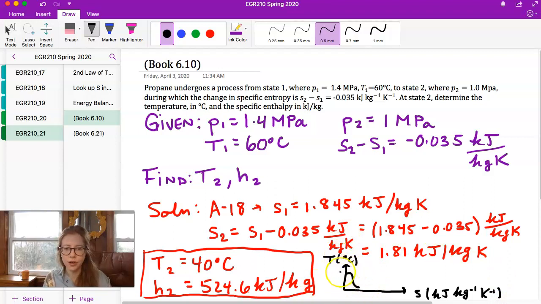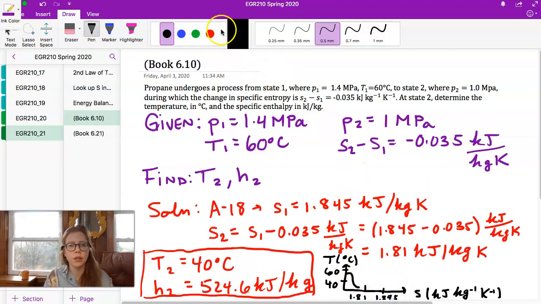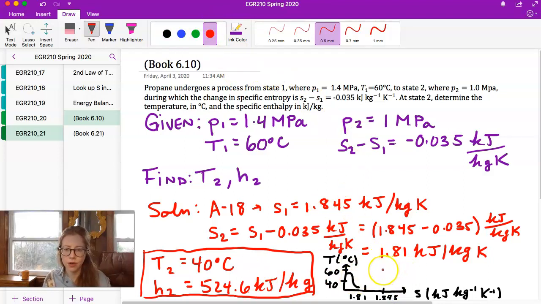So we started at 60. We ended at 40. And for entropy, we ended at 1.81, and we started at 1.845. So here's state 1, and here's state 2.